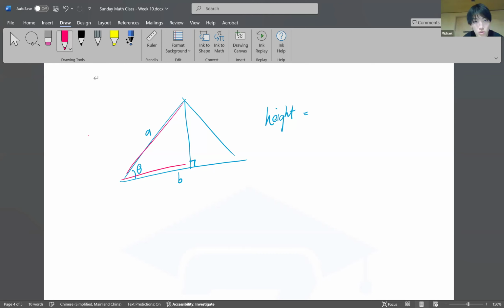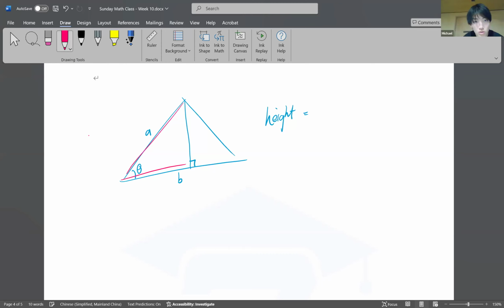So you have sine theta equals opposite, which is height, over hypotenuse. In this case, we labeled it A. This might look a bit weird, but we labeled it in different letters. And that gives us height equals A sine theta.